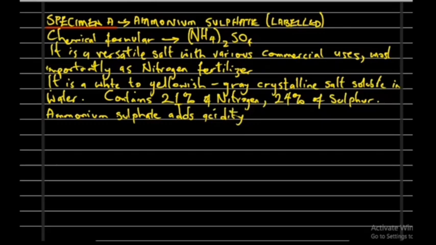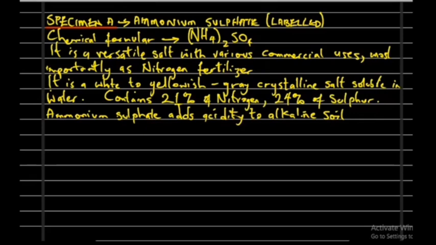For soils that are alkaline in nature, that are very high in pH, this substance adds acidity to them so as to make the soil suitable for the type of crop that is to be cultivated on it.